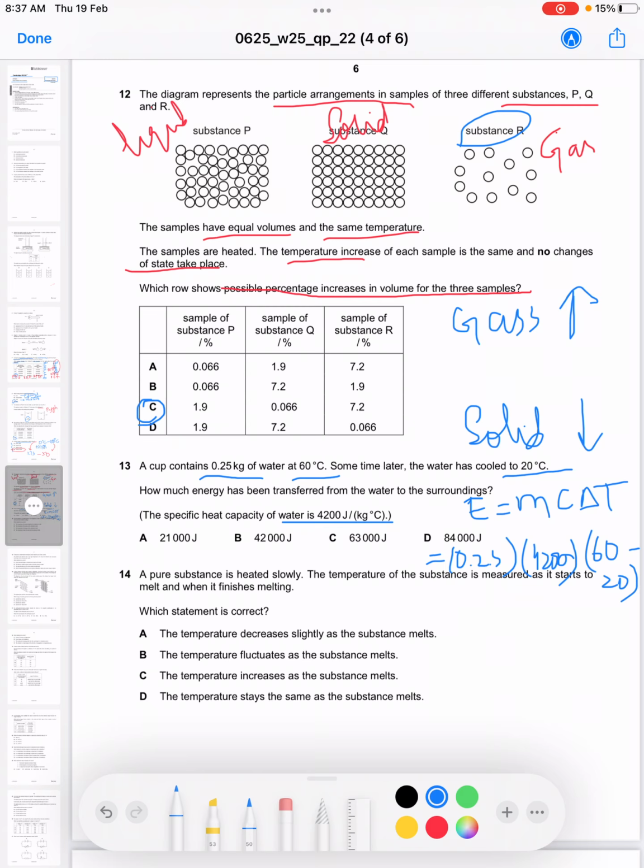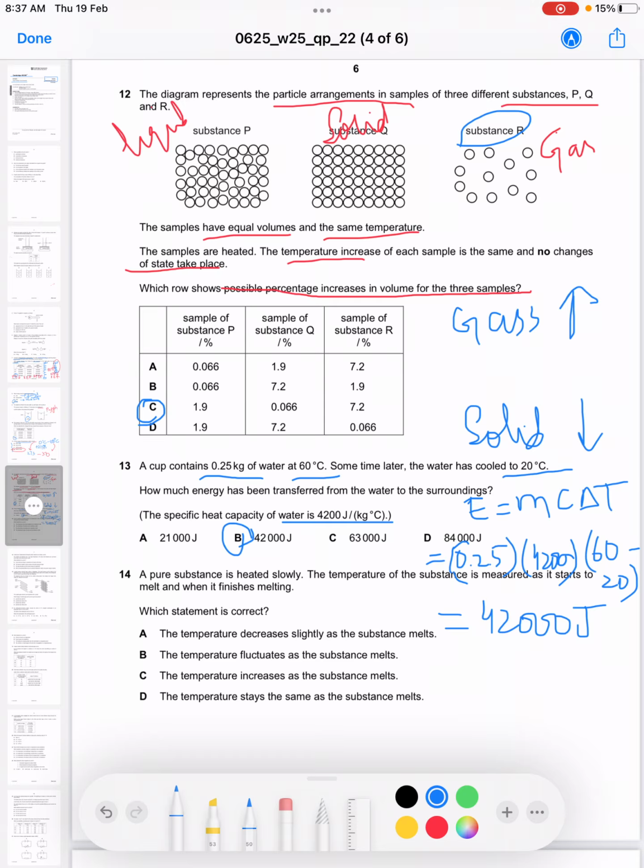Multiply all of them and you get the answer 4200,000 joules. So you can check, it is answer B.